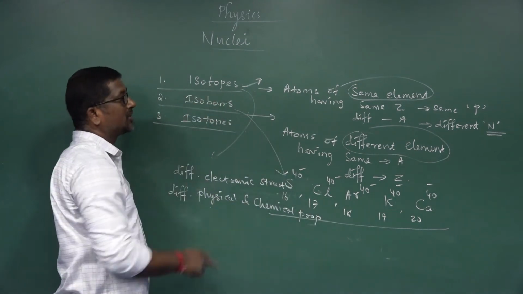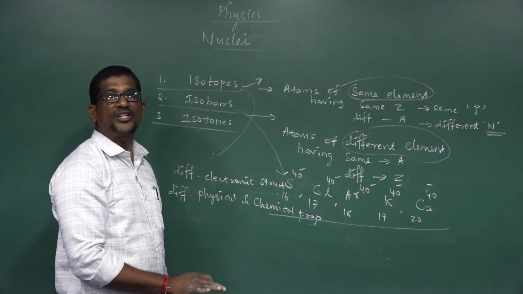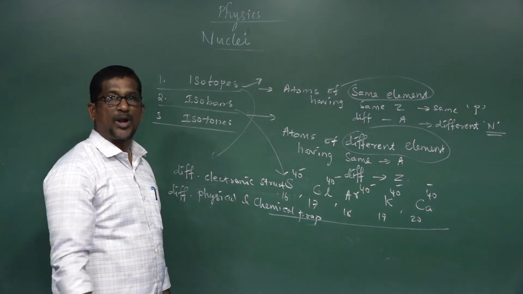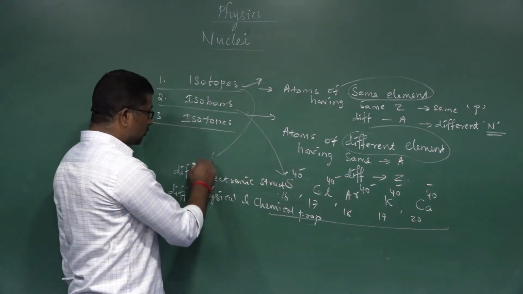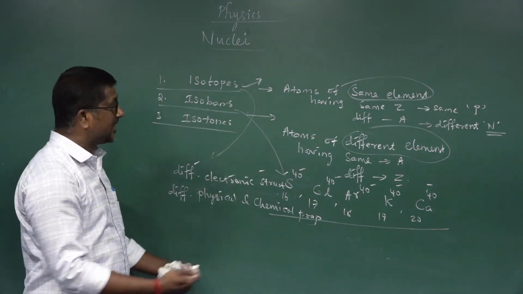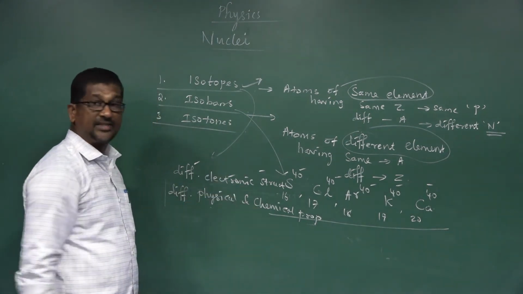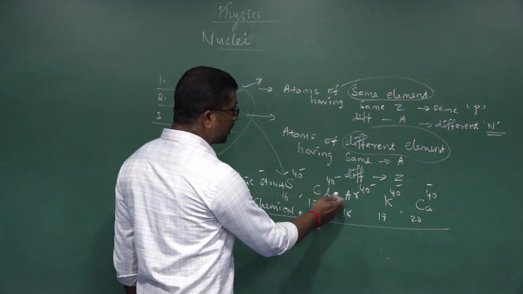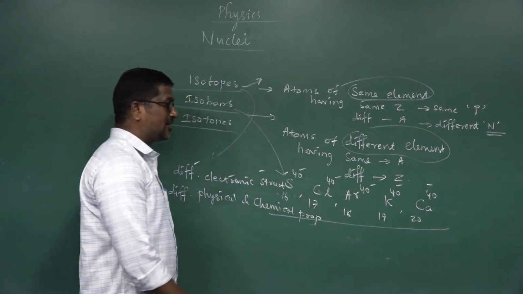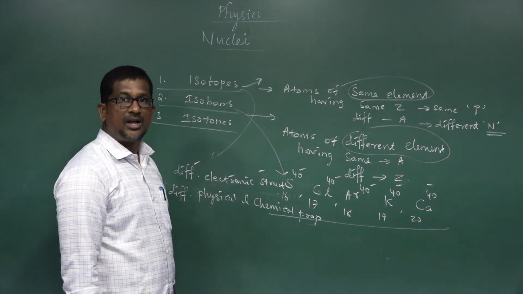But isotopes are atoms of the same element, so they have identical electronic structure and identical chemical properties. Isobars are atoms of different elements, so they have different electronic structure, and different physical as well as chemical properties. Example for isobars: silicon, chlorine, argon, krypton and calcium. They have the same mass number but different atomic number.